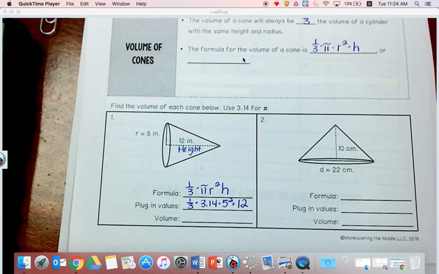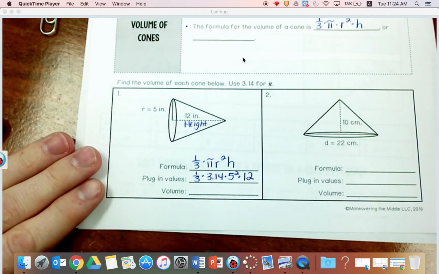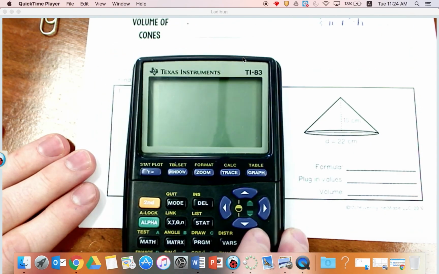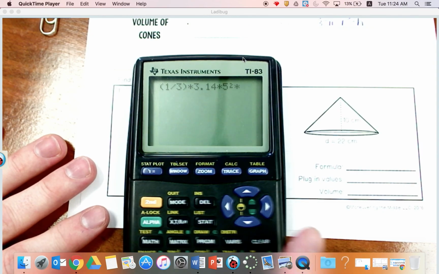And you can put that all right in your calculator using some parentheses. Let me show you what we're going to do. To put in the 1/3, I'm going to put parentheses 1 divided by 3. Then I'm going to multiply it by pi, 3.14. I'm going to put in my radius, 5, and square it. Then I'm going to put in my height, which was 12.